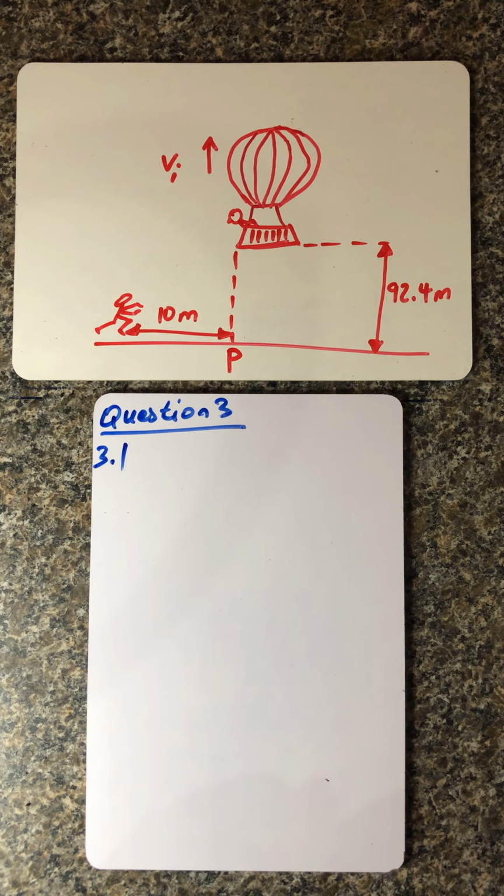As this camera is being dropped, obviously it goes up, but its velocity starts to decrease as it goes up until it reaches its maximum height, where its v final equals 0, and then from there it comes down.